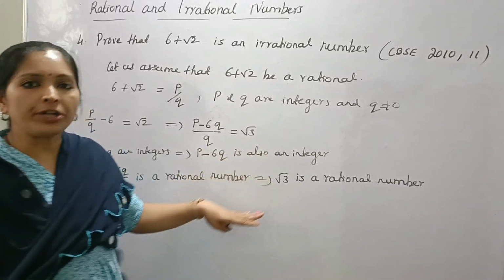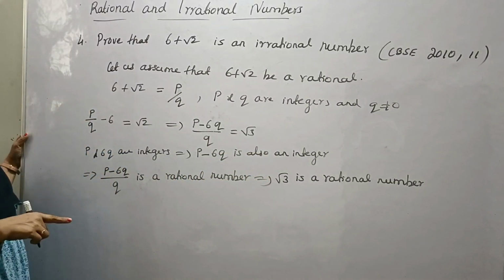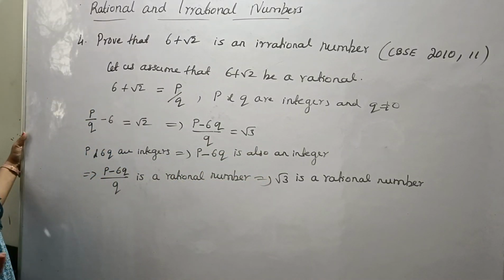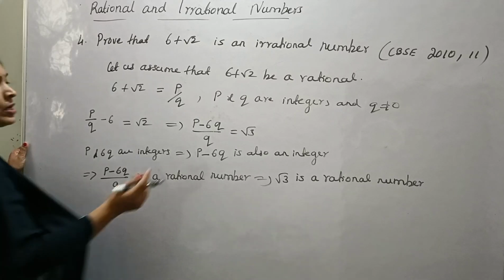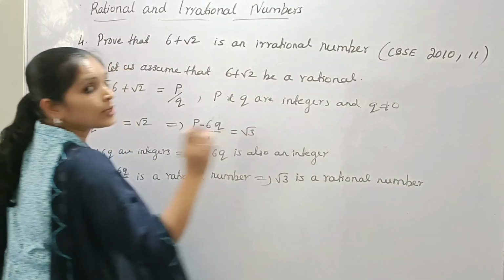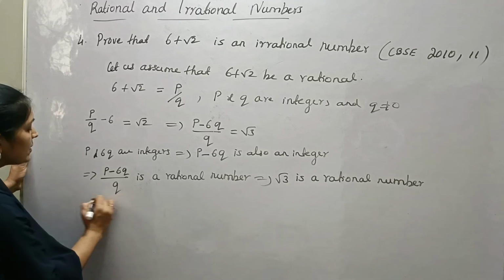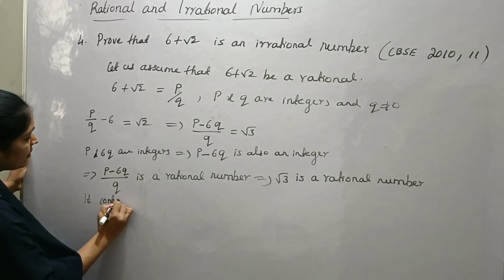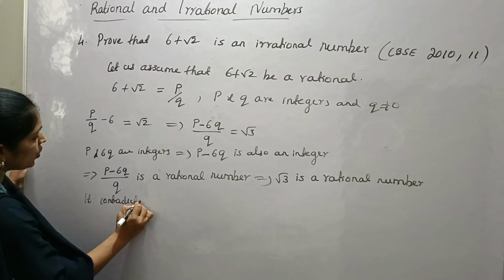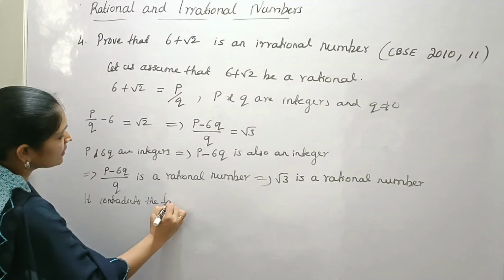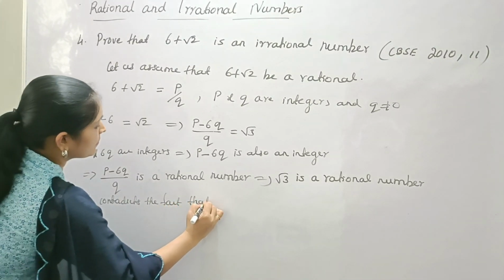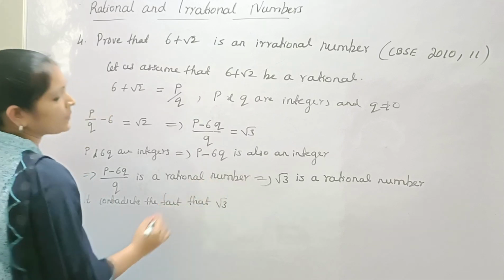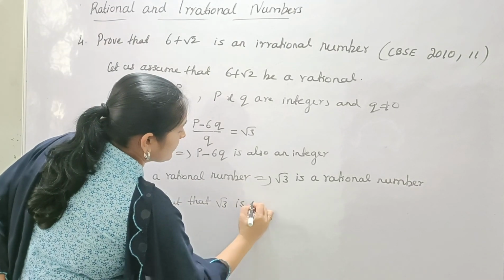But it contradicts the fact that root 2 is an irrational number. We have already proved root 2 is an irrational number. So, this statement contradicts the fact that root 2 is an irrational number.